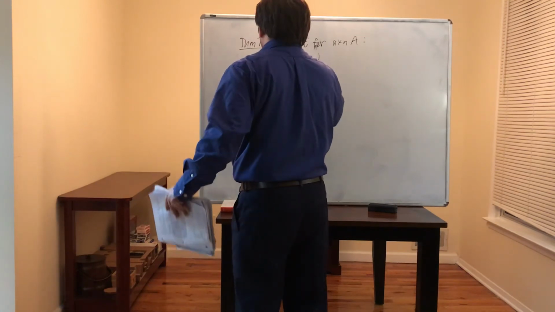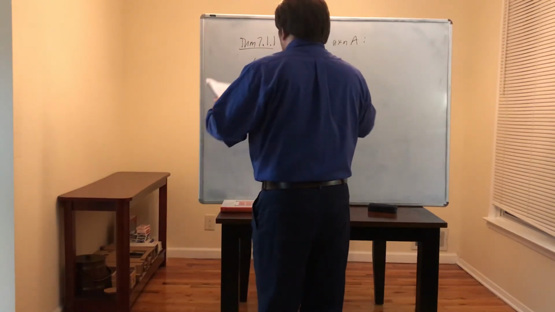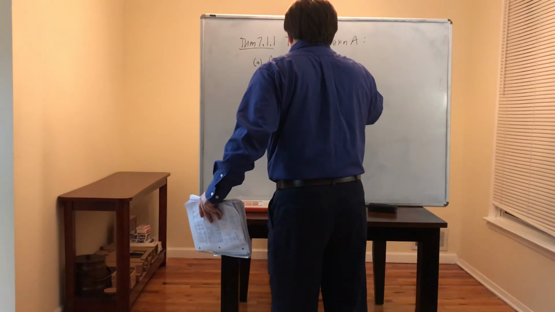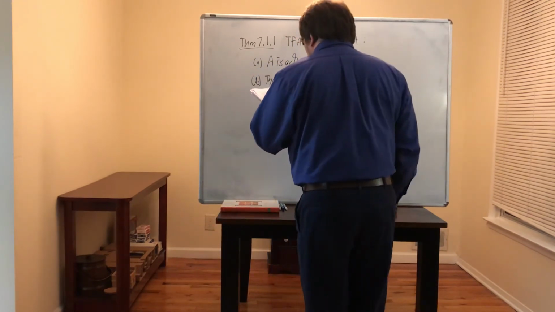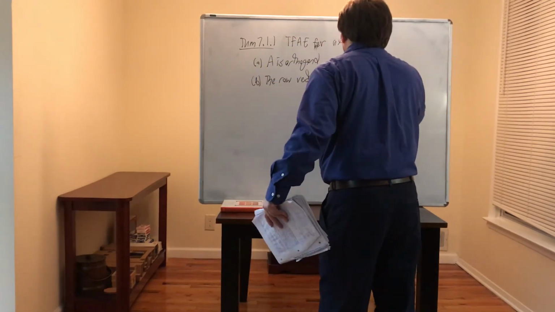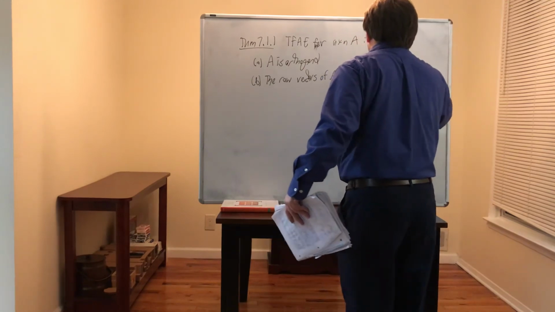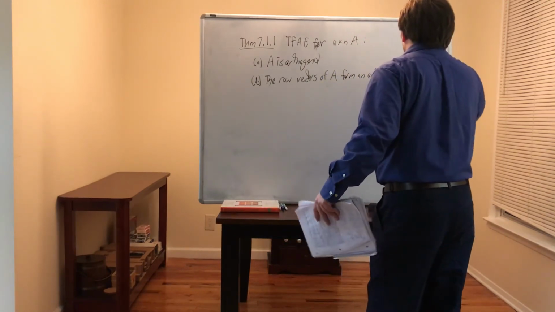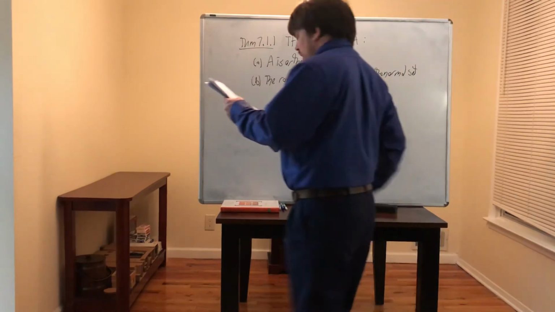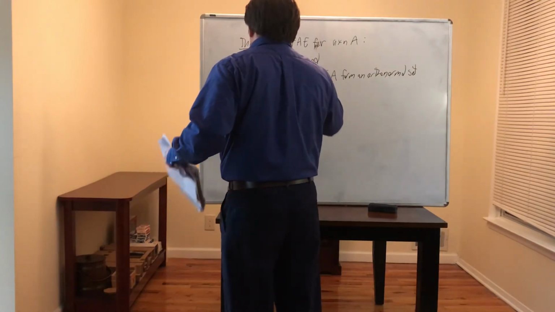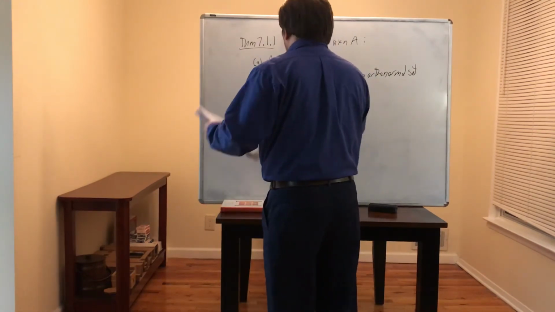Statement B: the row vectors of A form an orthonormal set in Rn with the Euclidean inner product.